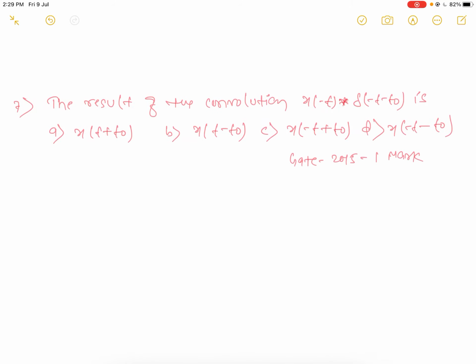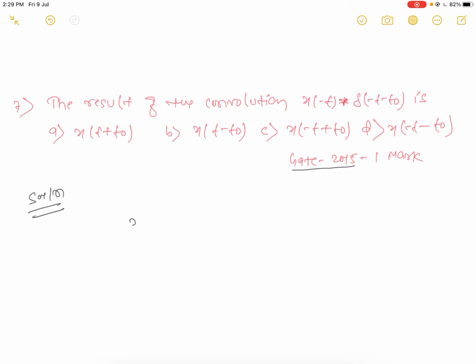The result of the convolution of x(t) with delta(t minus t0) is... See, it is nothing but the impulse response property. This question comes under impulse response properties, and this question was asked in GATE 2015 for 1 mark.